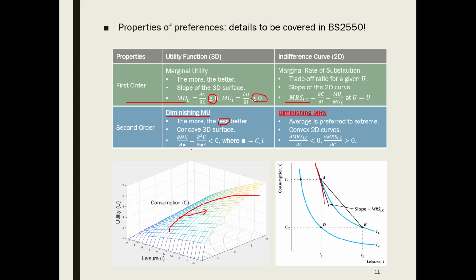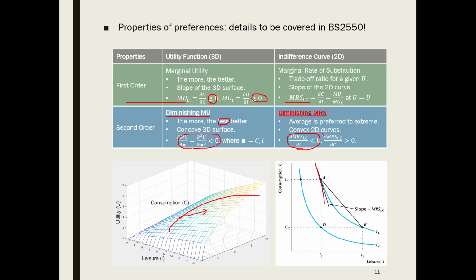In maths, it means a negative second derivative. The law of diminishing marginal utility or diminishing marginal rate of substitution is a defining feature of all new classical models. We will use this property frequently in our future analysis, so please do keep this in your mind.